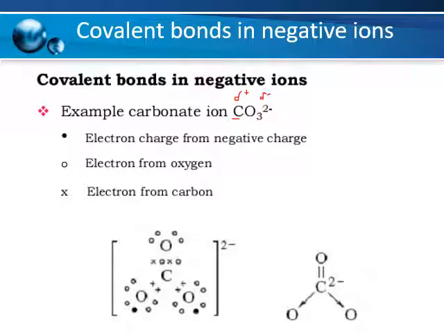So oxygen will be surrounded at the outside of carbon. Carbon is 4, 1, 2, 3, 4, and oxygen is 6 here, 6 here, and 6 here. So they share electrons like this. This one forms 2 bonds to get the double bond.